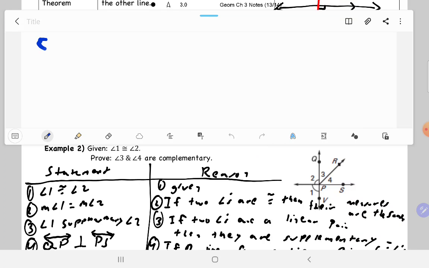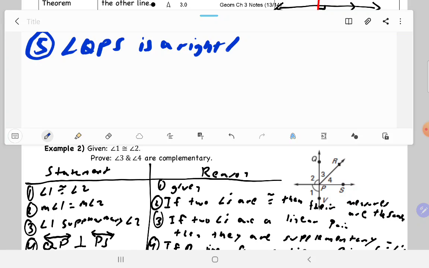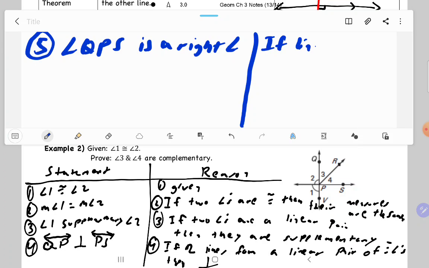So number 5, angle QPS is a right angle. And that's because if lines are perpendicular, then they form right angles.